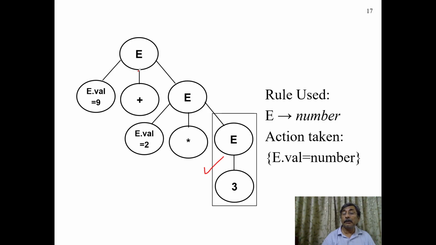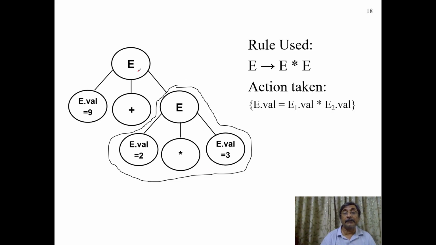Why? Because what action will be taken does not depend on where you are in the parse tree, but on what rule is used for reduction. Because if rule number 3 is used, always the same action will be taken. So here, after this action is taken, E dot val will be 3.